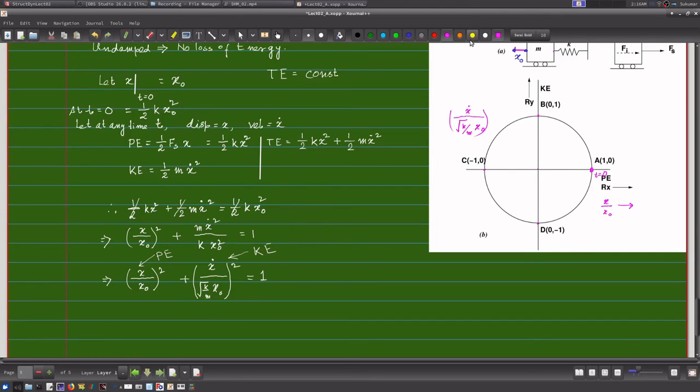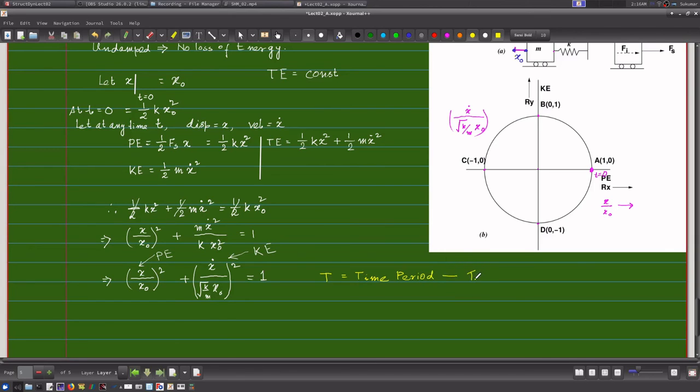We will denote it by capital T. Capital T is called time period, or simply period of motion. This is the time when one cycle of motion is completed.